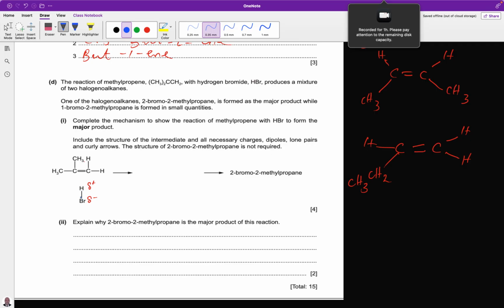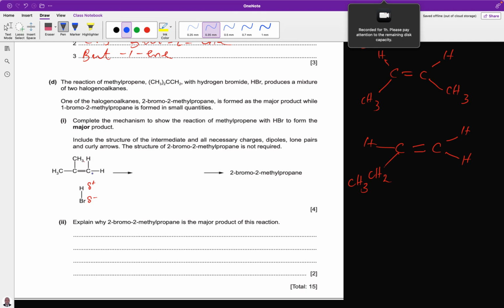Then there's going to be heterolytic fission between hydrogen and bromine. As the pi electrons come closer to the hydrogen bromide bond, there is repulsion, and the bonding electrons are repelled towards the bromine.